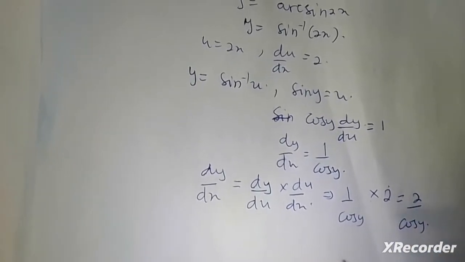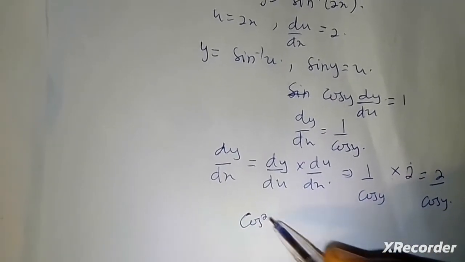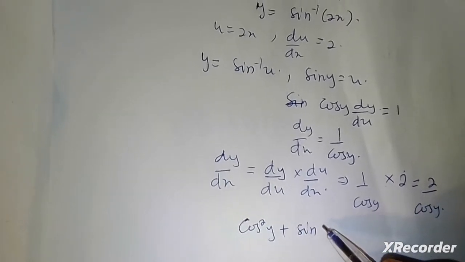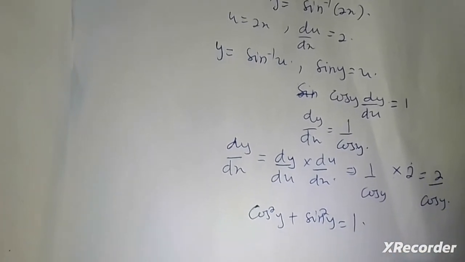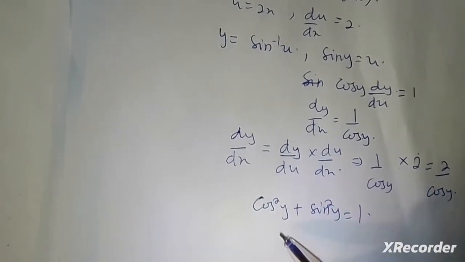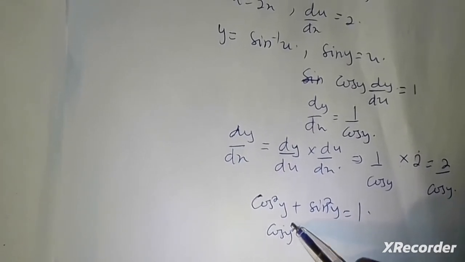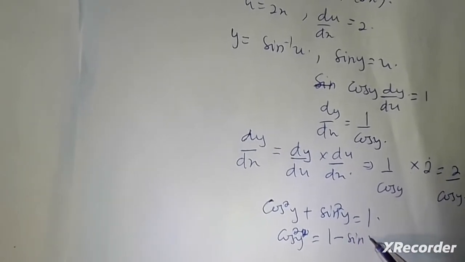So let's see. Now we already know that cos squared y plus sine squared y is equal to 1. So to make cos y the subject, cos squared y will be equal to 1 minus sine squared y.